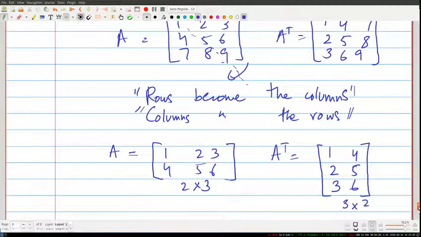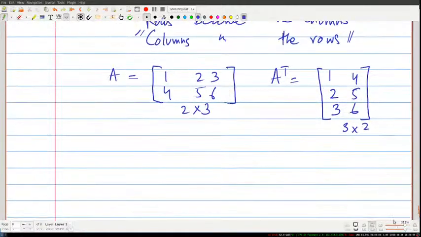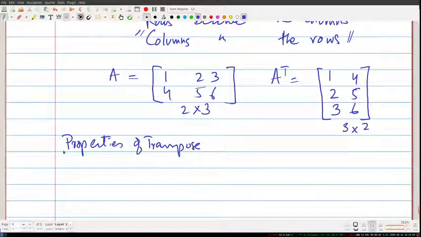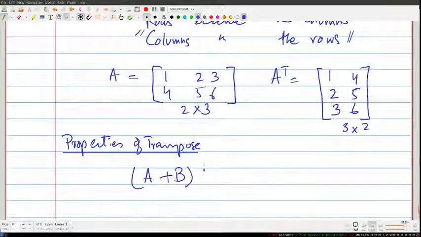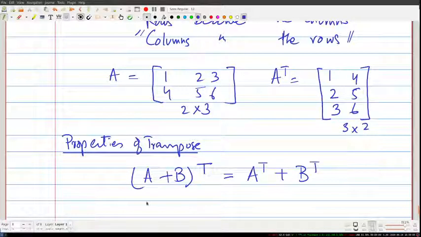And let's discuss some of the properties of transposes. The nice thing is that if you're adding 2 matrices and then finding the transpose of that matrix, it's the same as just doing A transpose plus B transpose, as long as the matrices can be added together. So if this is an m by n matrix, this is also an m by n matrix, right?